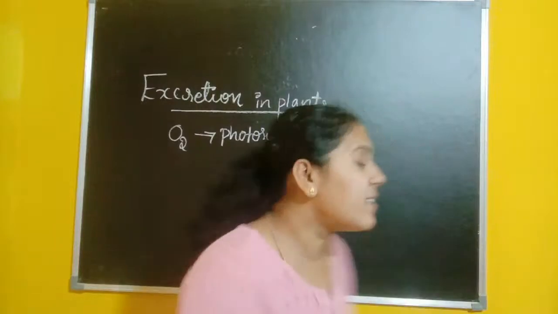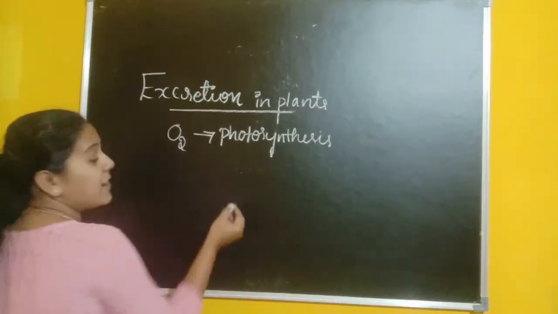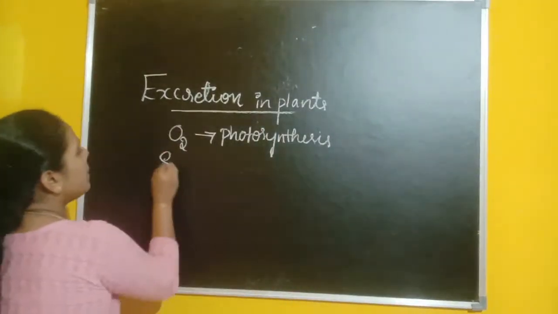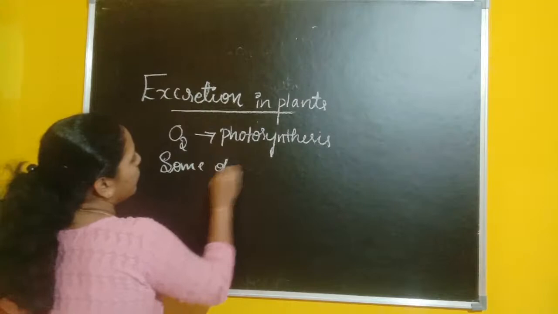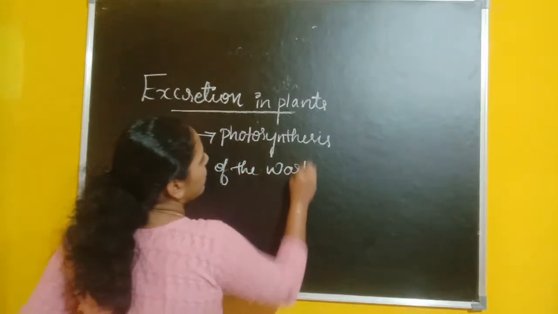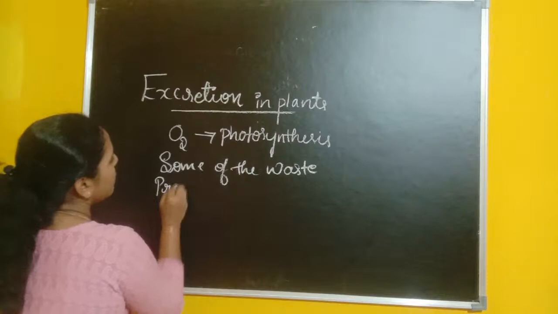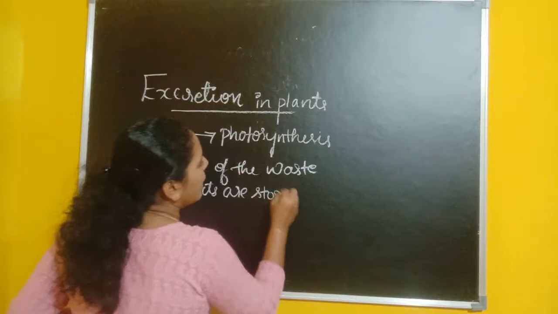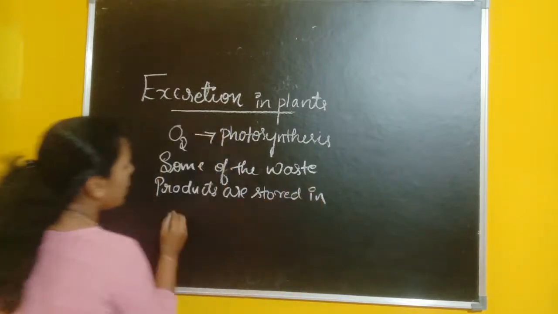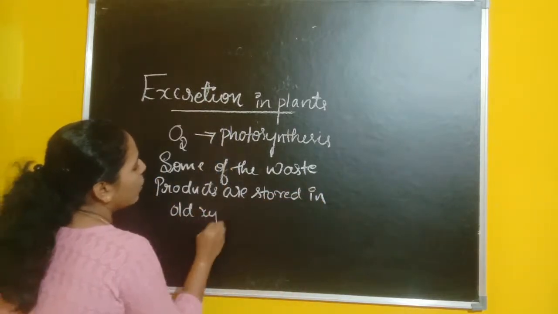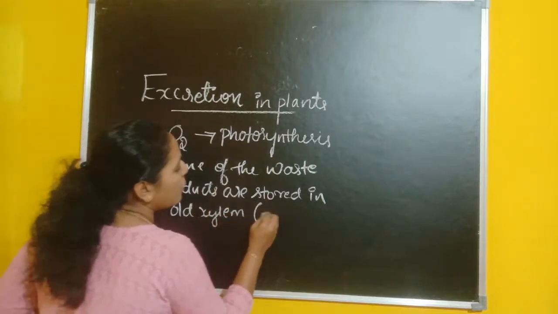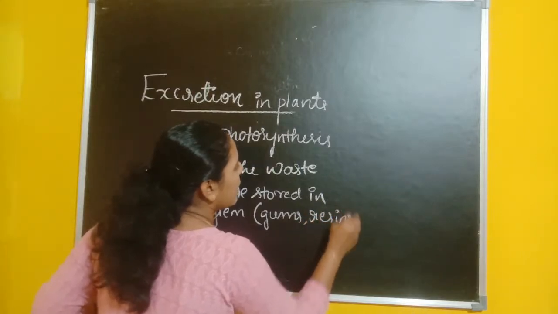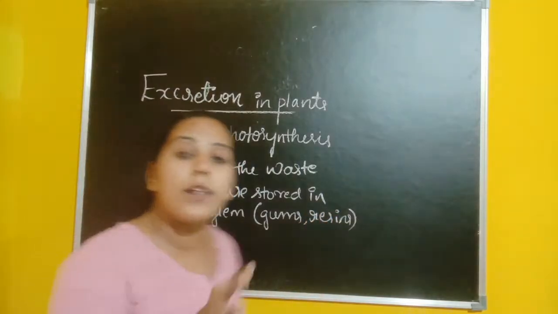Second, plants also send out some waste products. Some of the waste products are stored in the old xylem in the form of gums and resins.